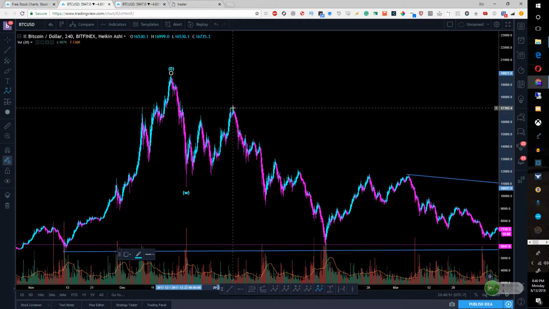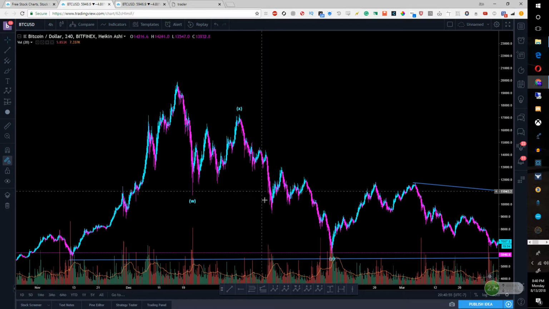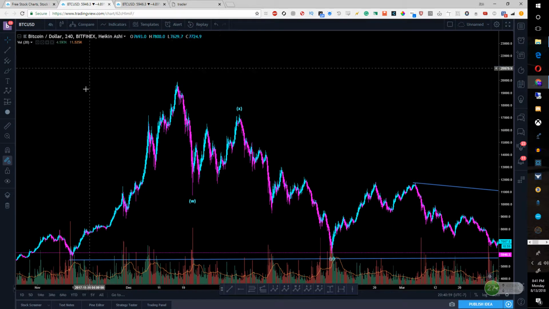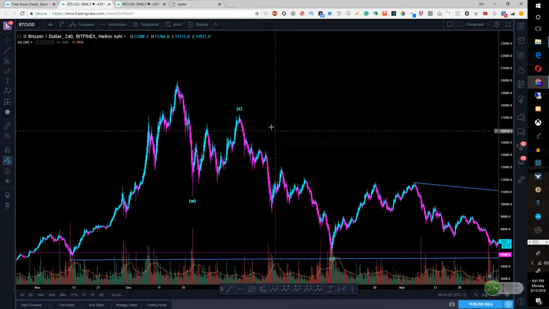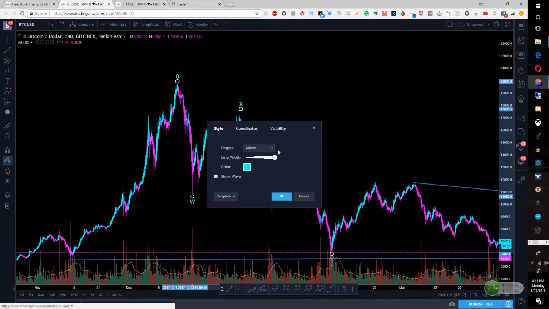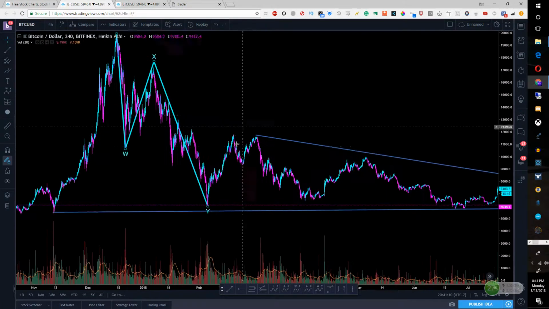So this is where I see a zigzag structure, because as you can see here we have 1, 2, 3, and in here we have 1, 2, 3. If I go down in the smaller time frames, it'll show even more, but I'm just going to do it this way for the sake of time. So that's the first part of this count that I see here.